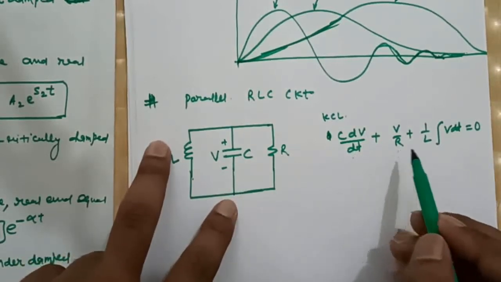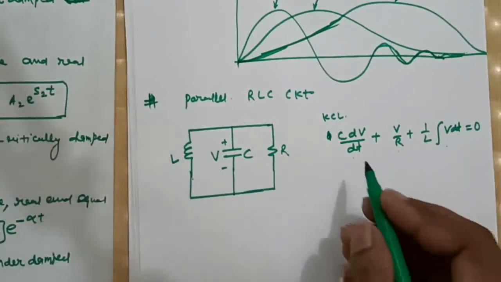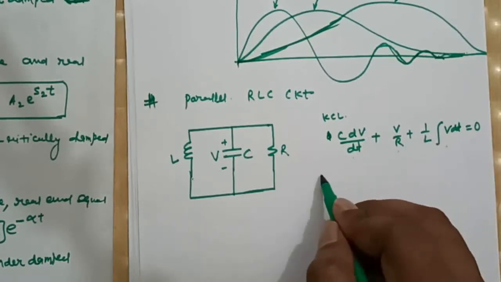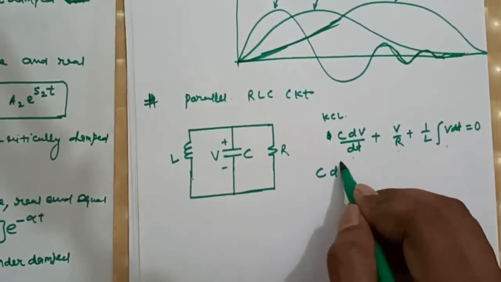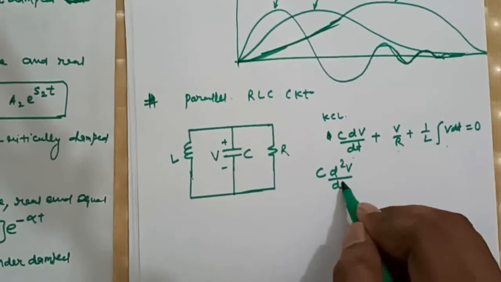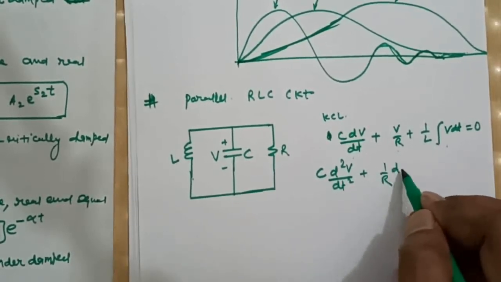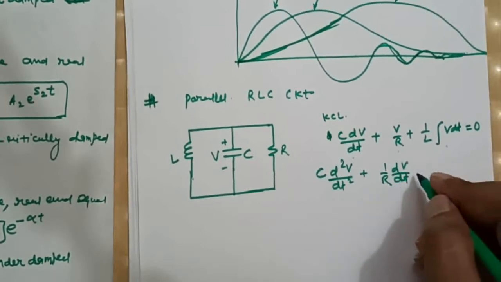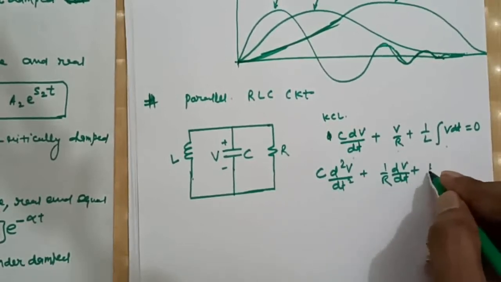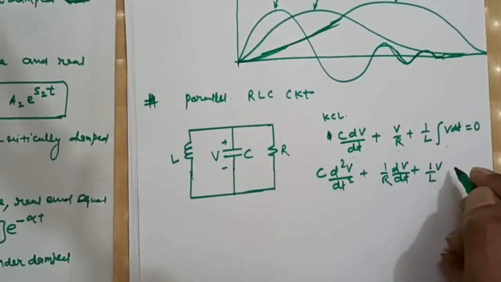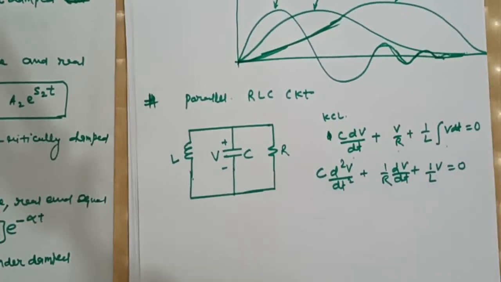Capacitor current, resistor current and inductor current. Now differentiating this, we will have C d square V by dt square plus 1 by R dV by dt plus 1 by L V, isn't it?